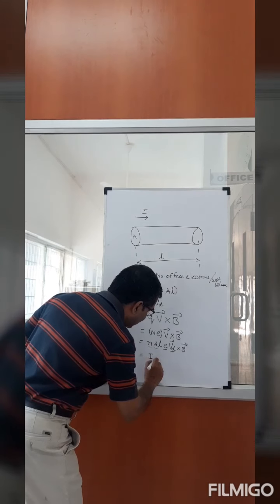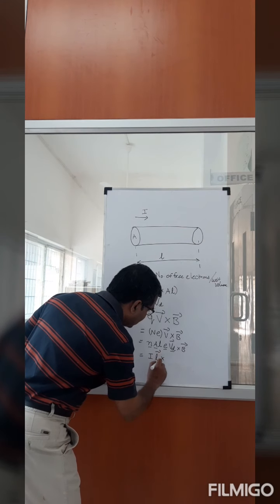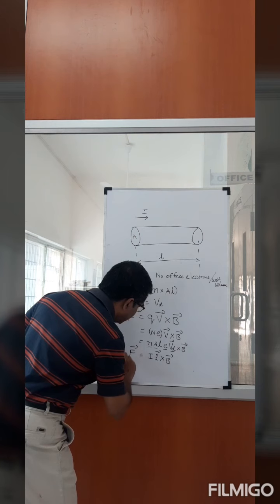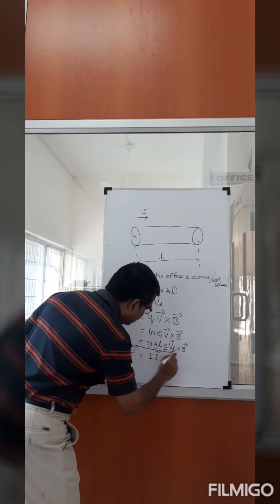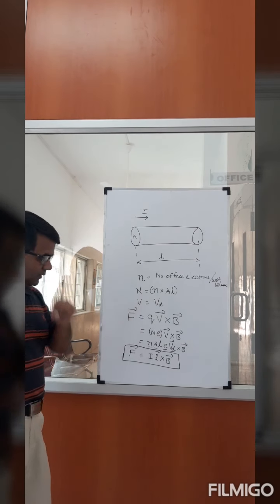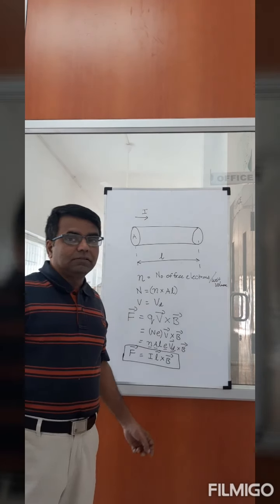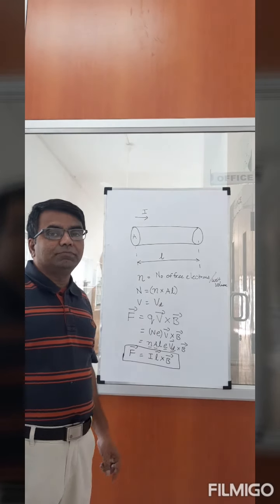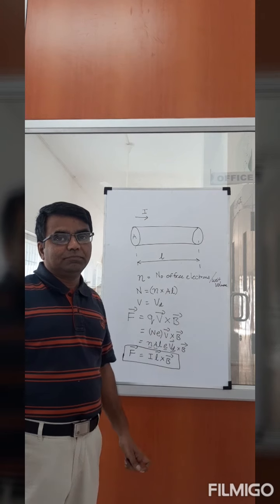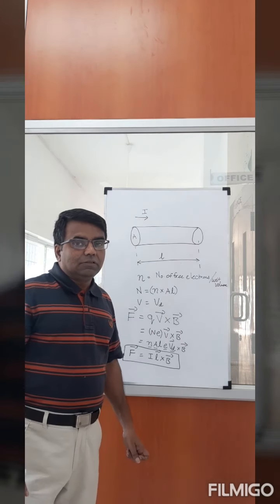So it's going to be I L cross B. So the force experienced by the conductor will be this: I L cross B. Okay?